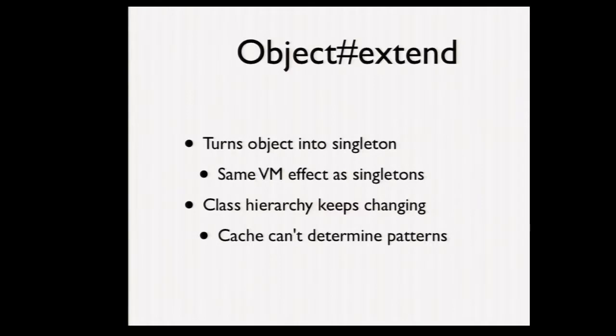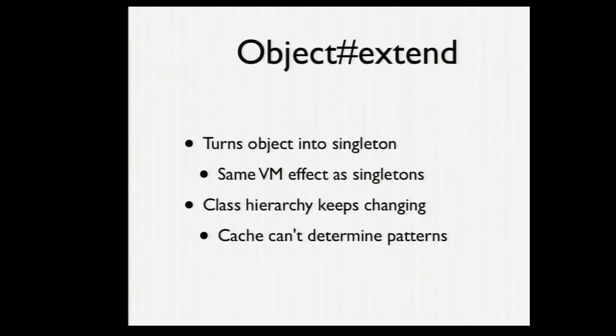A special case of singletons is Object#extend. A lot of people have heard about DCI, basically injecting modules, injecting behavior into objects at runtime rather than having to define it up front. Apparently this is considered a good pattern by some people. But it has exactly the same effect as turning an object into a singleton. We're creating a new type so we don't cache anything. We're modifying the method tables.